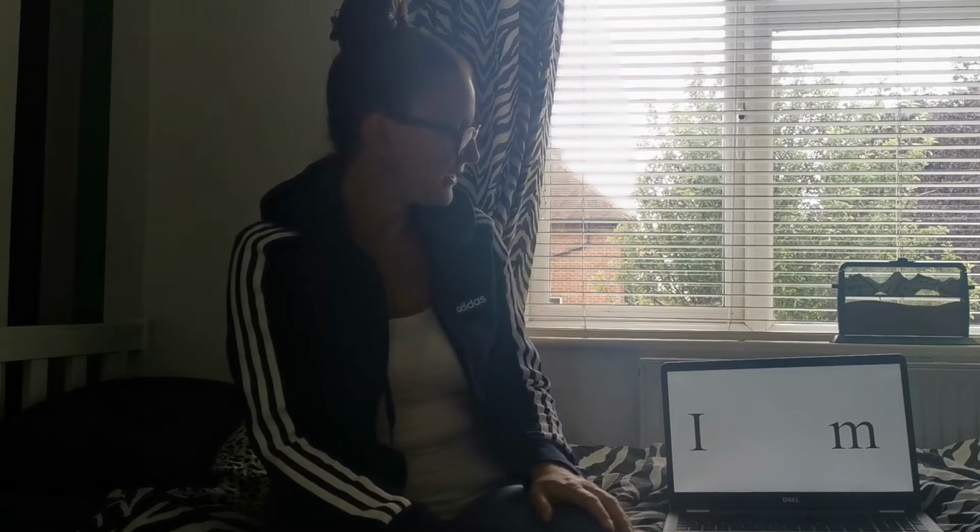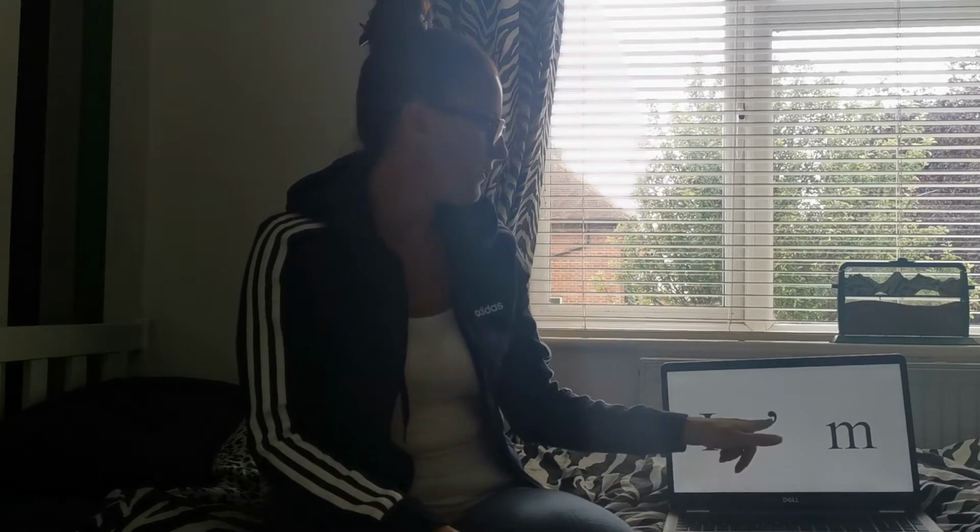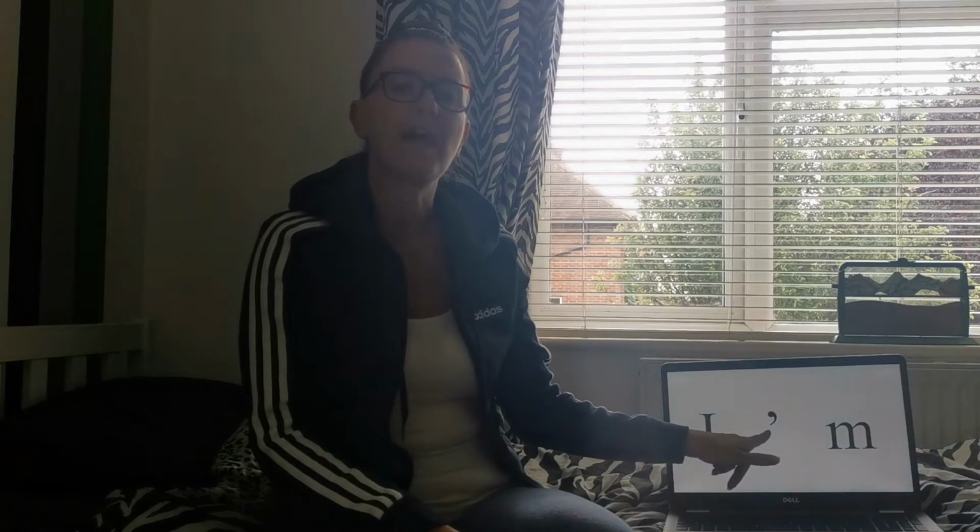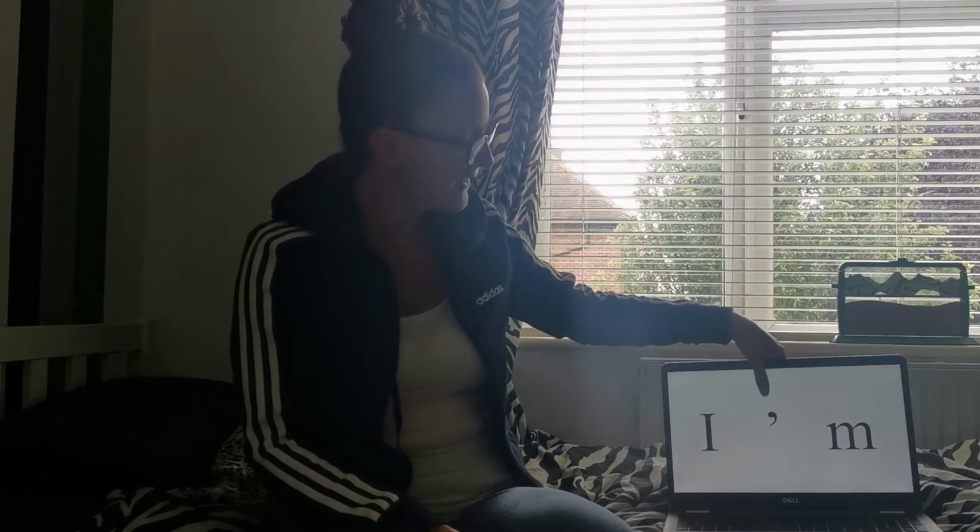Now what happens is that a gets taken away, disappeared, and because we took the a away, we're going to pop an apostrophe in there. That thing there, that one, that's called an apostrophe. So the a is taken away, the apostrophe goes in its place, and then we have the new word I'm.